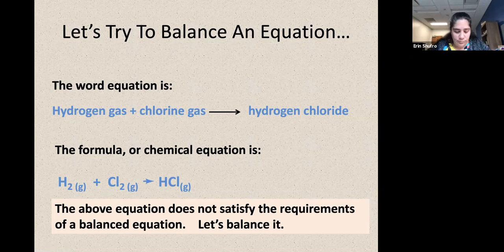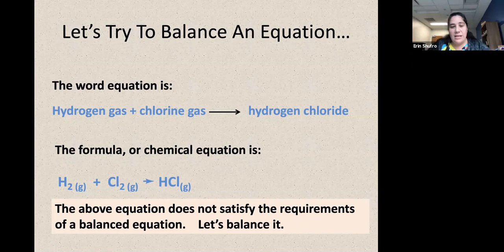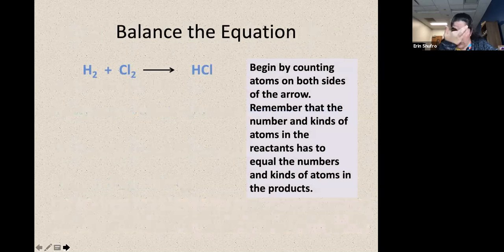Also, on the left-hand side, I had two chlorines bonded to each other. So when I broke this guy apart, I can't have just one HCl. I need two HCls. So, unbalanced chemical equation.